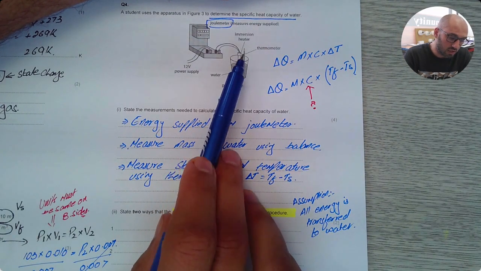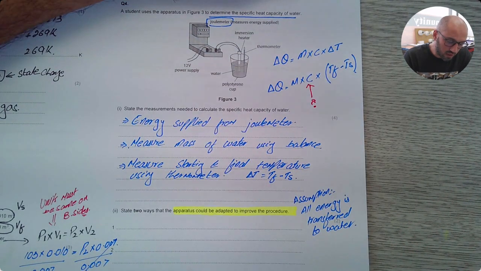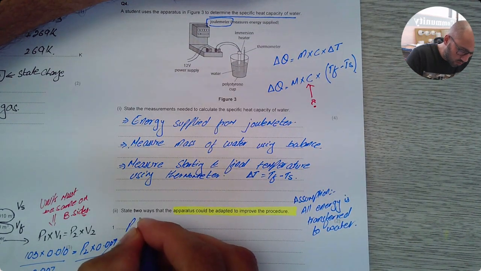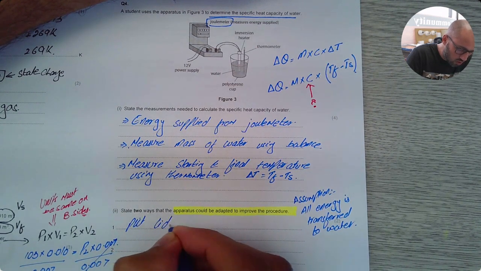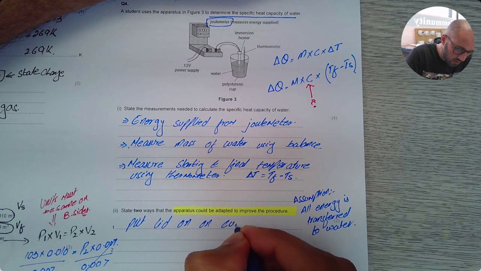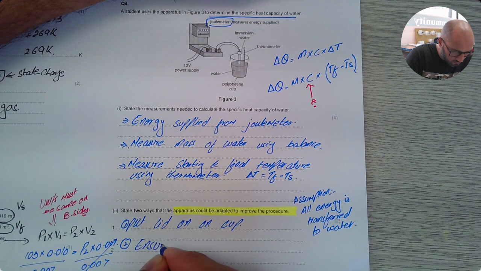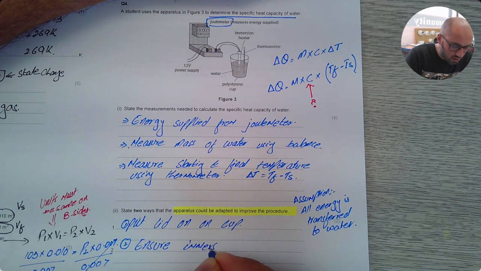Number two, this immersion heater might not be fully in water. We can write down those two recommendations. We can say put lid on the cup. Number two, I can say ensure immersion heater is fully submerged.